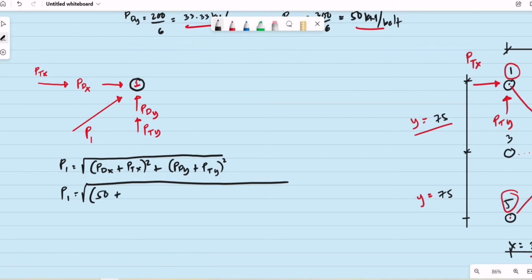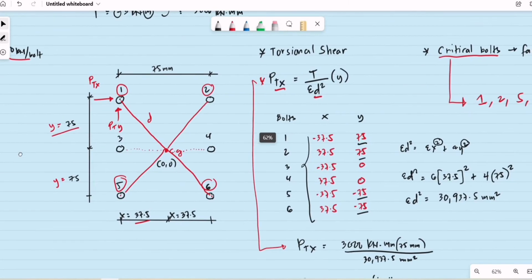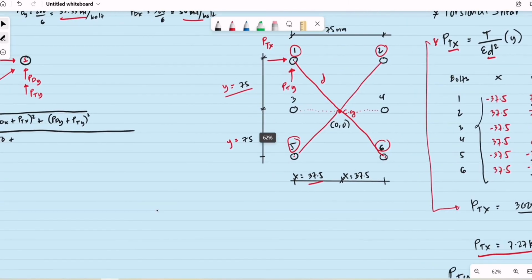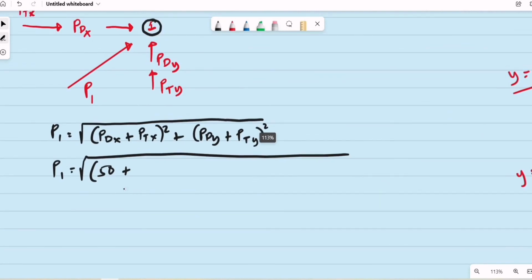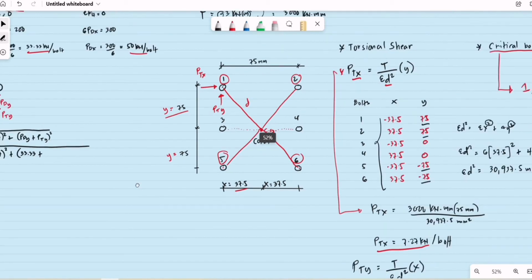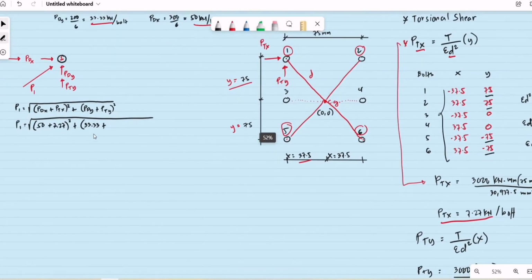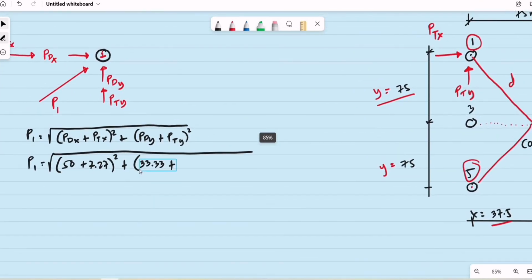Plus our P sub tx per bolt is equal to 7.27 kilonewtons. So 50 plus 7.27 kilonewtons, quantity squared, plus the direct shear along y, 33.33 kilonewtons, plus the torsional shear along y, which is 3.64 kilonewtons, quantity squared.